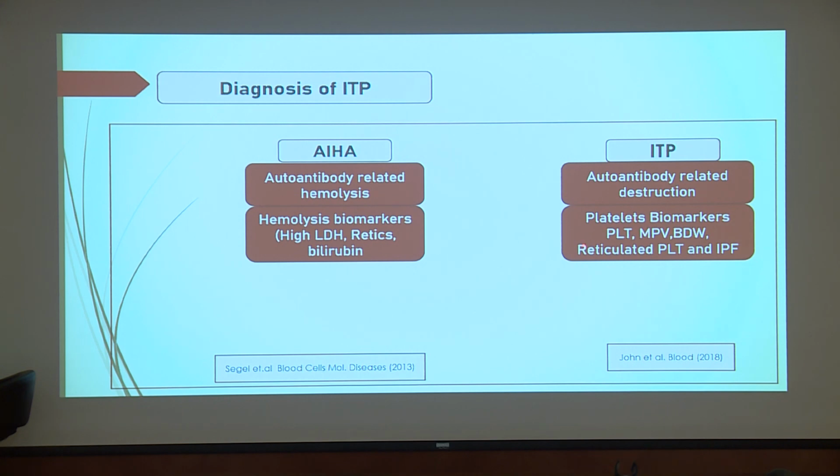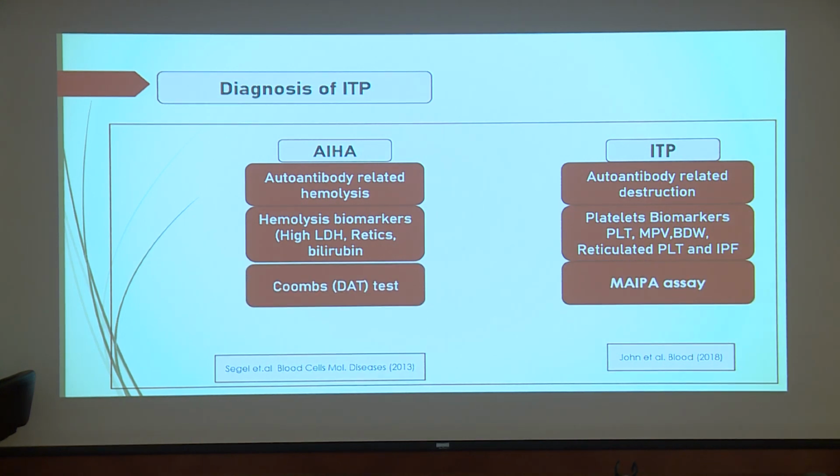We have platelet count, MPV, which is usually increased, and platelet distribution width, which is similar to RDW in iron deficiency anemia. Usually it will be high because of anisocytosis between young and old platelets. Then there are reticulated platelets and the immature platelet fraction, a new index which has now been fixed in new machines, and it has to be utilized in the diagnosis of ITP.